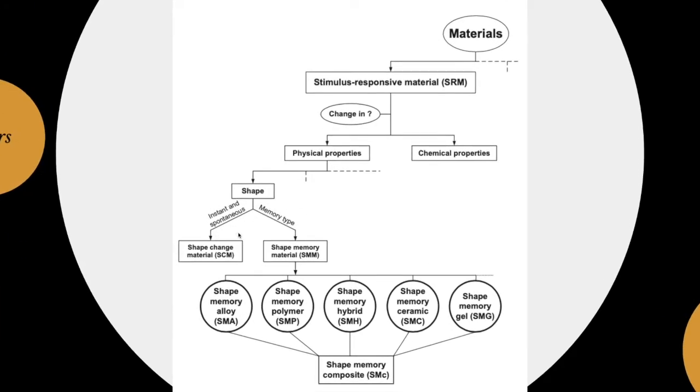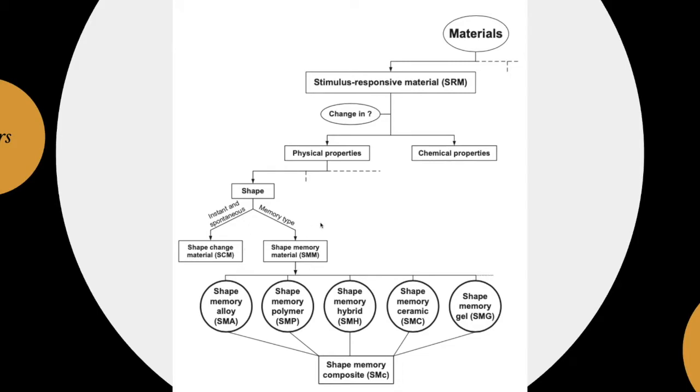So there are two notes here that differentiate the shape memory material and shape change material. If the reaction is instantaneous, really fast, you can call it a shape change material.